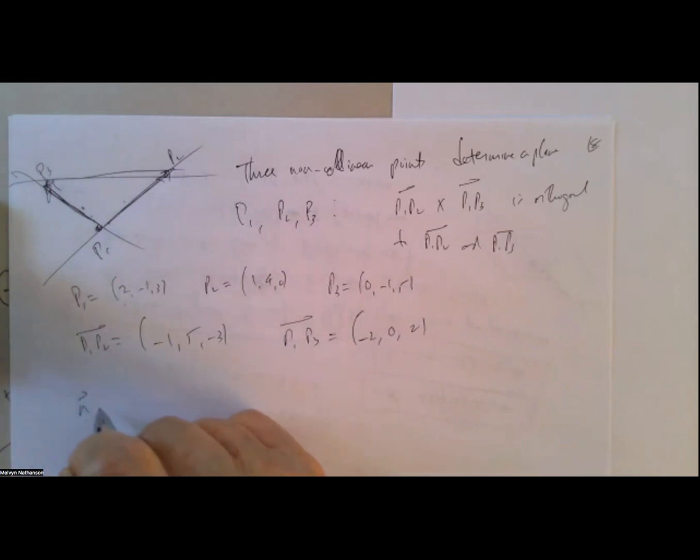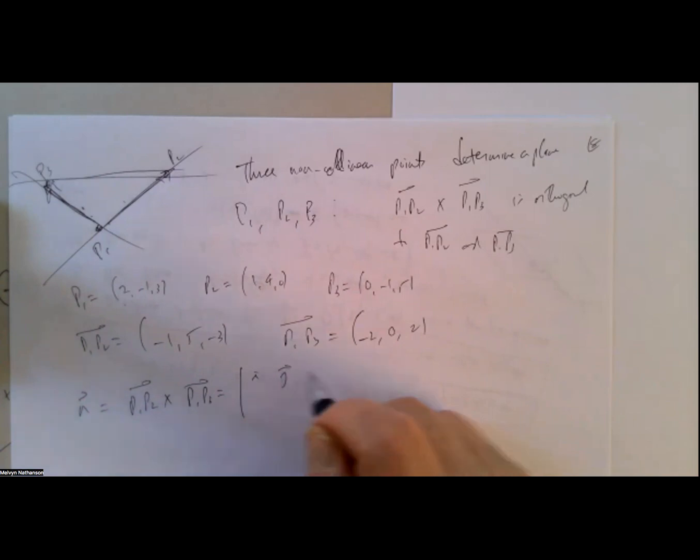So my normal vector is going to be P1P2 cross product with P1P3. I write this in determinant form. The coordinates of the first vector are -1, 5, -3. The coordinates of my second vector are -2, 0, 2.